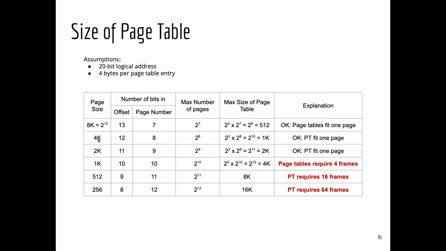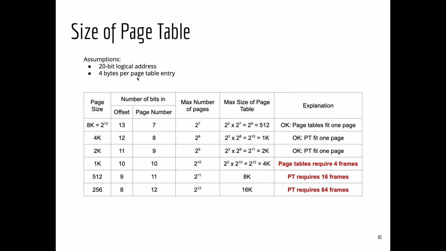When the page size is smaller, we change to 4K, and remember 4K is 2 to the power of 12. Once 12 bits are allocated for the offset, the number of bits for the page number is only 8, and with an 8-bit page number, you get a maximum of 2 to the power of 8 pages.